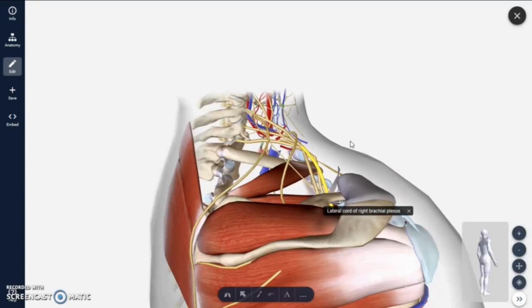Then we will have the lower trunk's anterior division. It is going to form the medial cord of the brachial plexus. So this will be the medial cord of the brachial plexus, which is formed by the anterior division of the lower trunk.